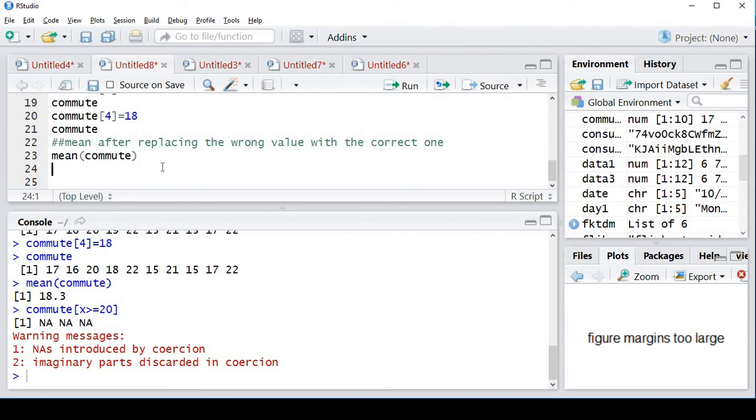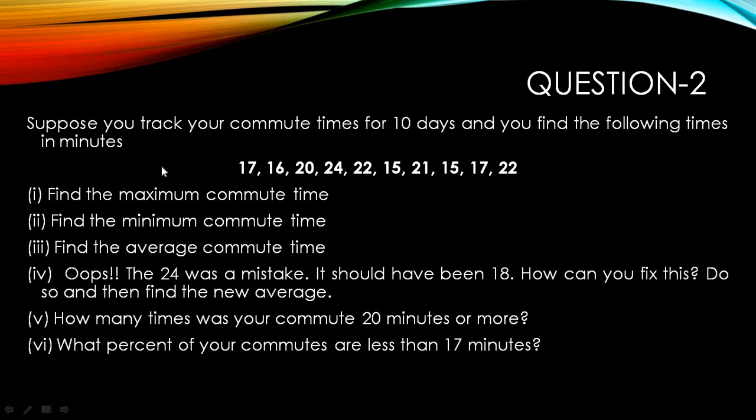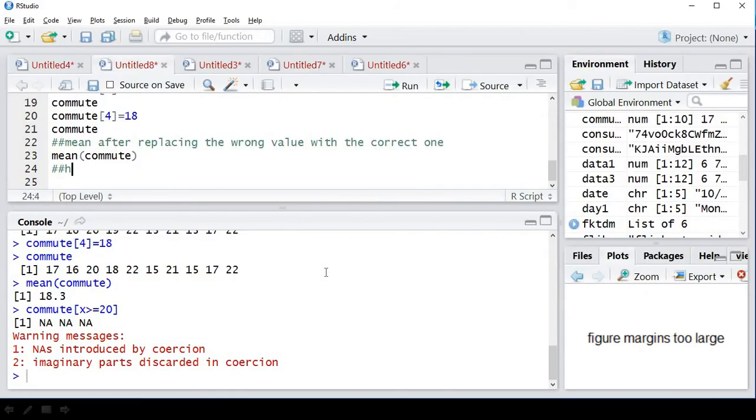The most important thing, first I will write the comment: how many times was your commute 20 minutes or more.